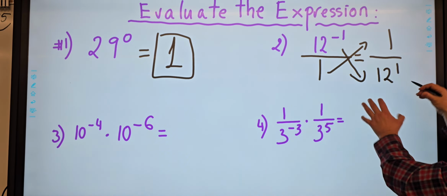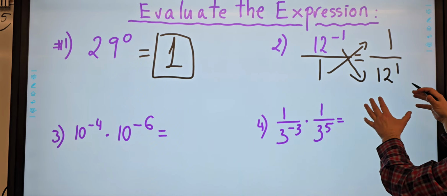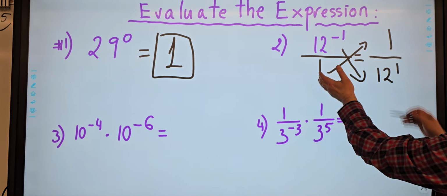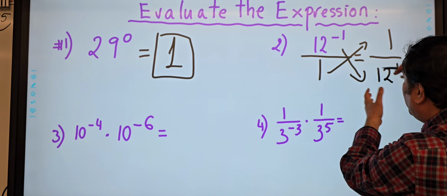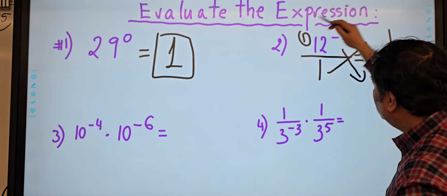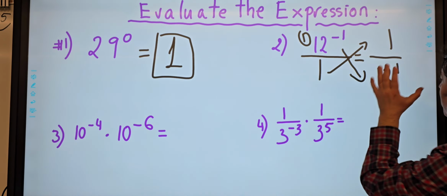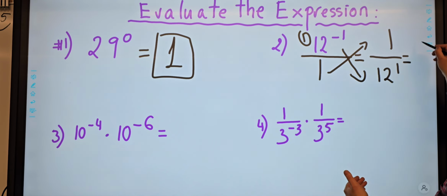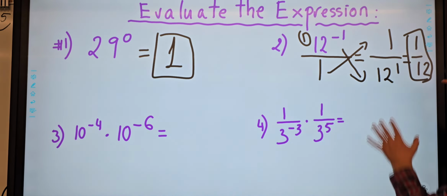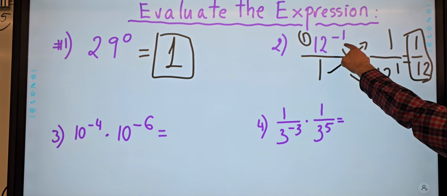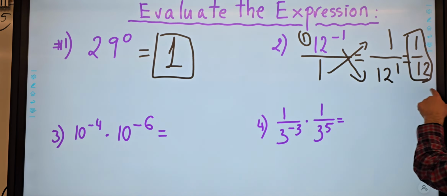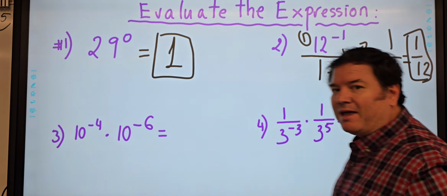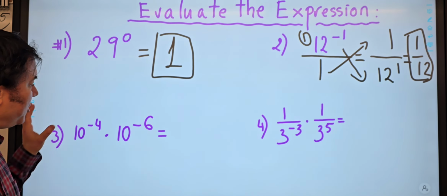Only the exponents, when they switch, become positive. So the final answer would be 1 over 12 to the 1, or just simply 1 over 12. Okay? Keep that in mind. The negative exponents move to the bottom, and they become happy, they become positive. Let's take a look at example 3.